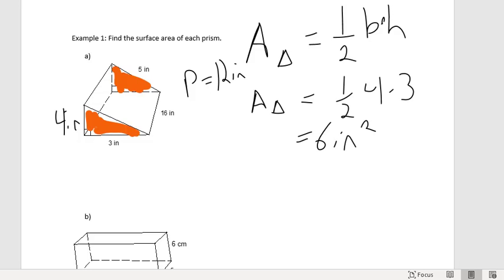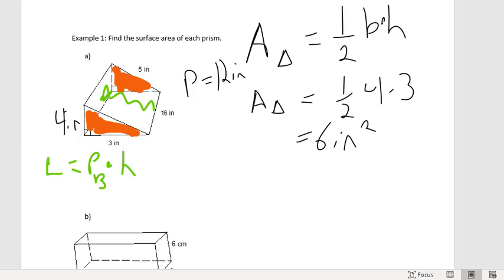Now, when we look at this overall to find the lateral area, we have the perimeter of our base times the height of our prism.